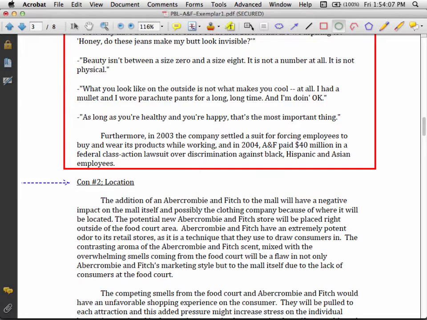We have Abercrombie and Fitch paid $40 million in a federal class action lawsuit. Where is the reference to that lawsuit, right? This is not something like the sky is blue and everybody knows it and can observe it for themselves. This information came from somewhere, from an article, from the actual lawsuit filed in court, wherever it might be. So we don't have that information. There needs to be citations for this kind of stuff.